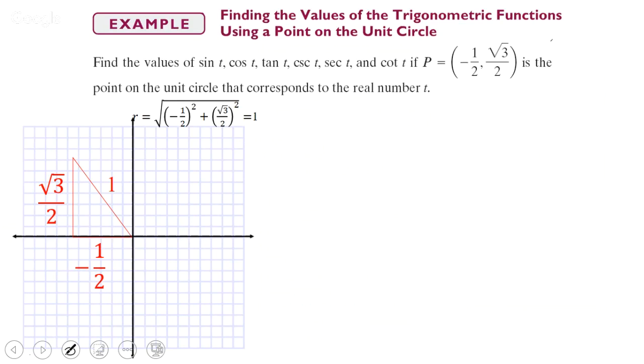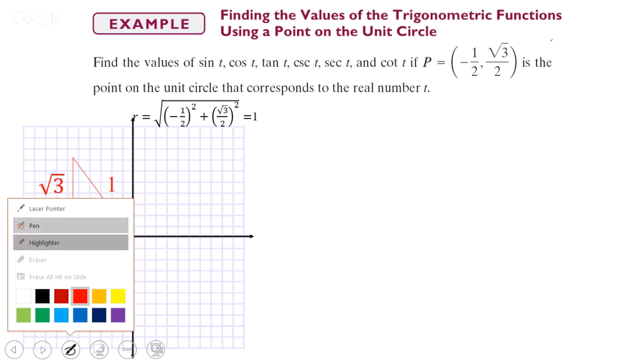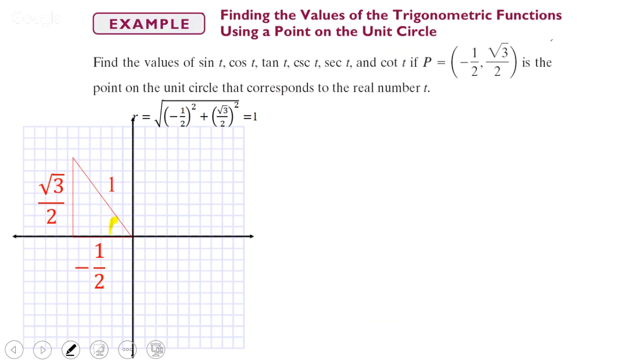But once again, I have my triangle. Once you have your triangle, you can do all 6 trig functions. So once again, we are using this as the reference angle. So that angle that's by the origin is the reference angle. So sine is opposite over hypotenuse.